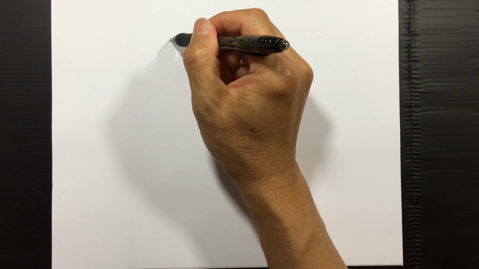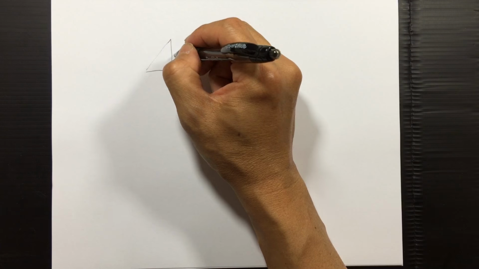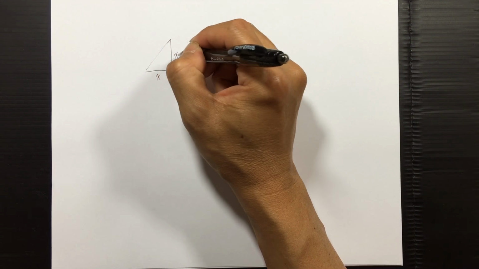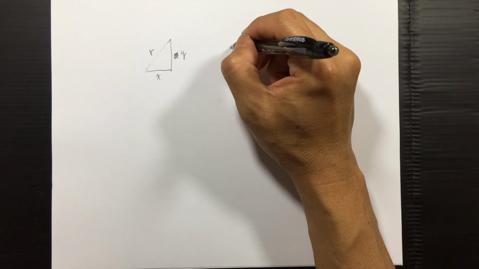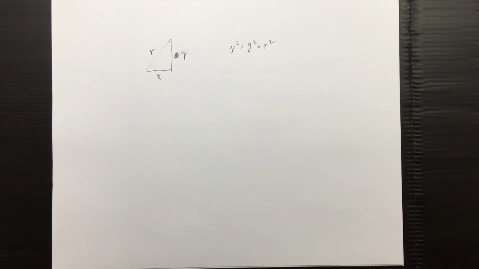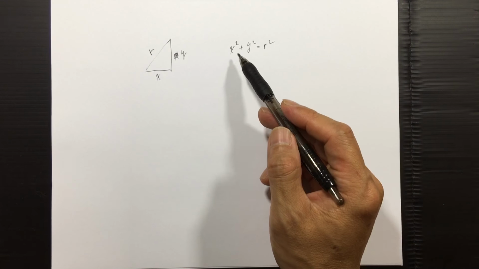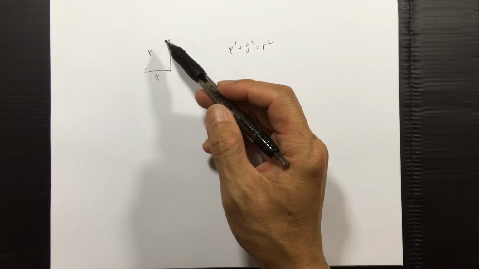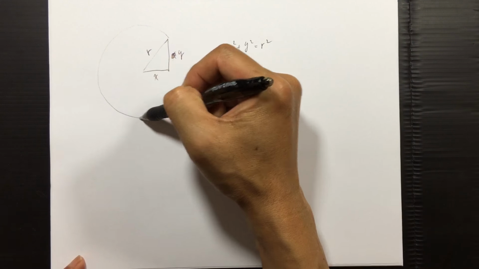Pythagorean is, by the way, for those who don't know, that probably don't belong here. Anyway, sorry, this is x, this is y, this is r. If you have this, x squared plus y squared equals r squared. Why it is so, that's not today's topic, but when x squared plus y squared is constantly equal to r squared, this thing is going to go around.